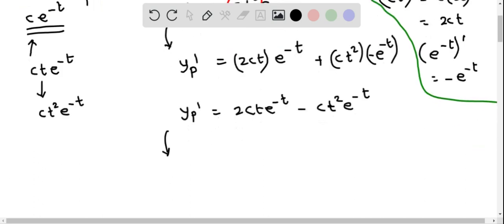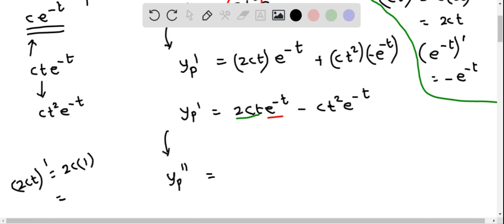That is, we will get yp double prime. So let's differentiate the first expression. Here I'm going to consider this 2ct as first, and then e raised to the power of negative t as the second expression. So when we find the derivative of 2ct, we get 2c, since c is a constant and the derivative of t is 1.